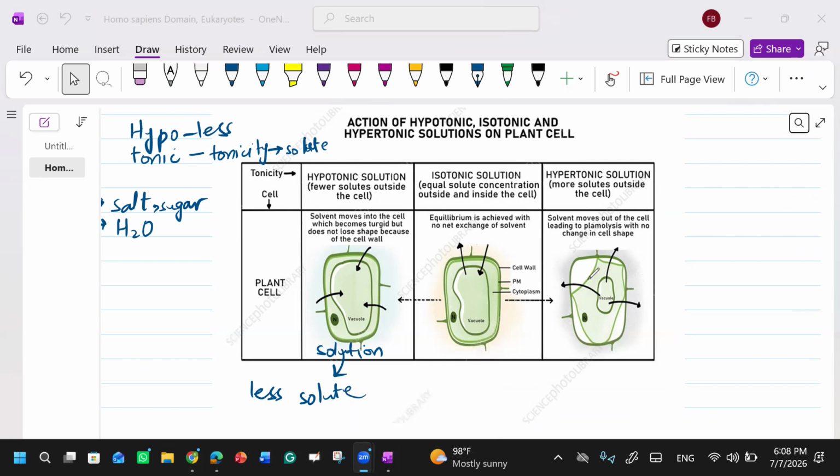I was telling you about the hypotonic solution. What does it mean? Hypotonic solution.